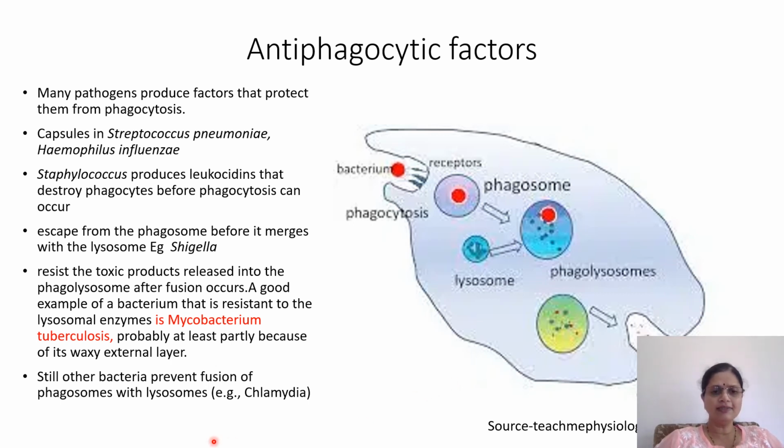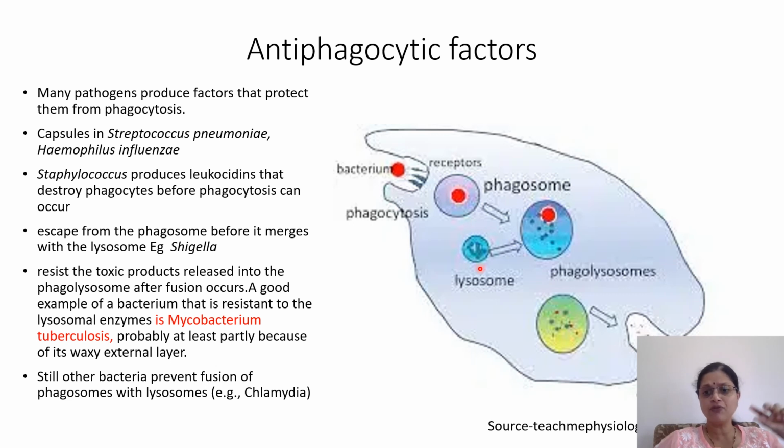Okay, and there is another way. Some bacteria like chlamydia, they prevent phagocytosis by preventing the fusion of phagosomes with lysosomes. Some organisms like chlamydia are there. Even when they are present in the phagosome, they have a mechanism by means of which they will not allow this process to take place.